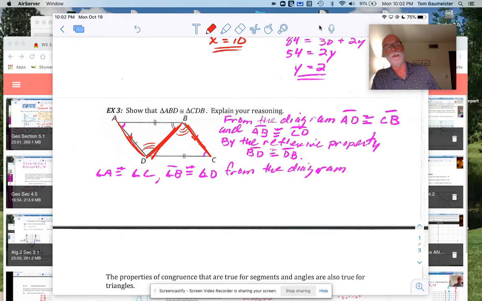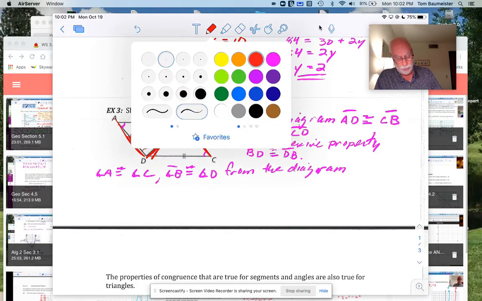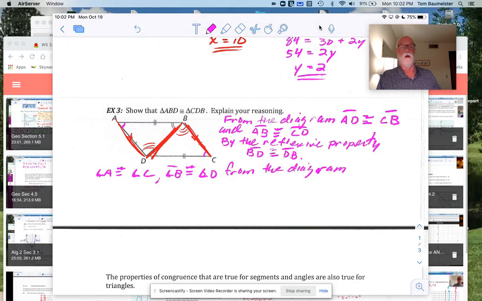What shape did I just make, ladies and gentlemen? You're right, I made a Z, and what is that? That is alternate interior angles, correct?